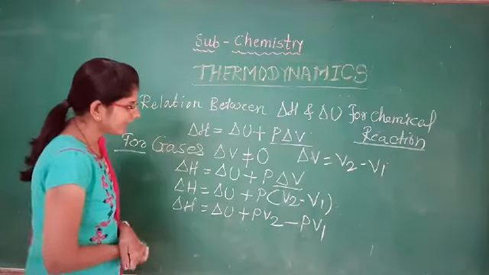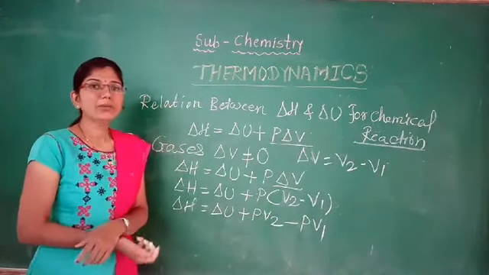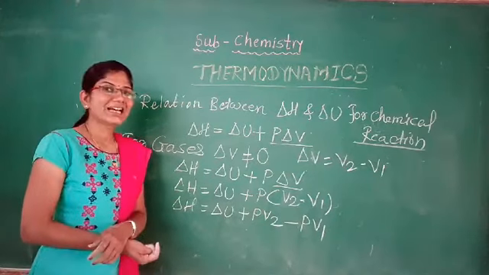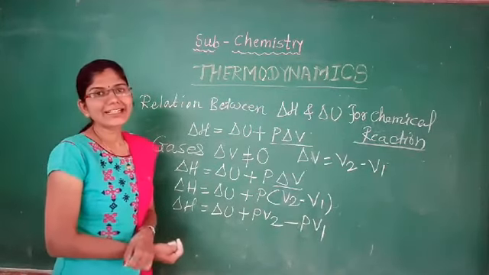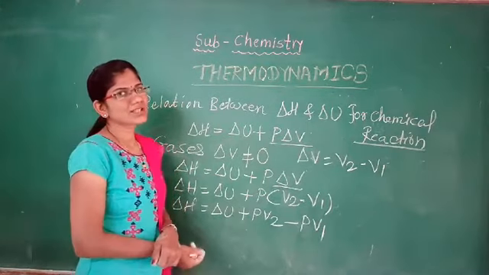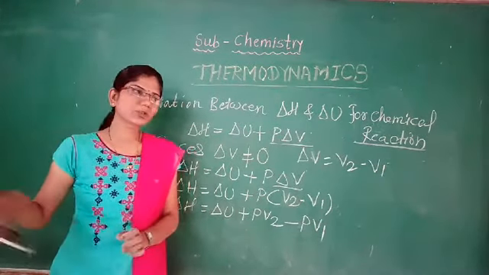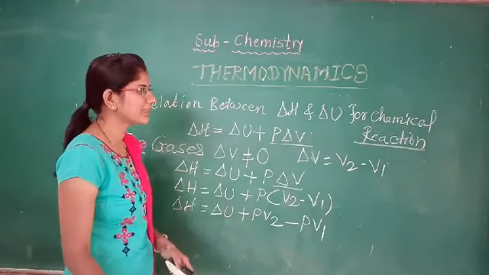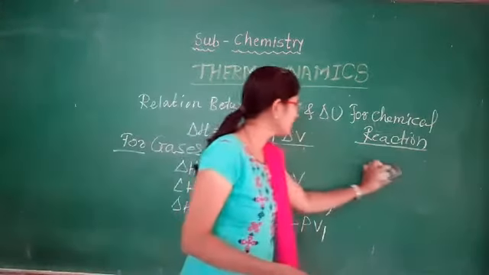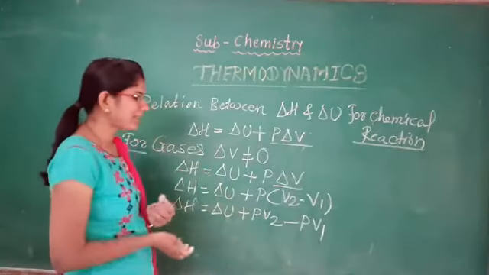For a gas containing n moles, the pressure and volume are related with the number of moles of the gas according to the ideal gas equation we have seen in our 11th standard. म्हणजे 11वी मध्ये स्टेट ऑफ मॅटर या टॉपिक मध्ये जो काय आपण आयडियल गॅस इक्वेशन बघितलेलं आहे, ते आयडियल गॅस इक्वेशन आता इथे आपण फॉर गॅसेस स्टेट साठी अप्लाय करणार आहोत.